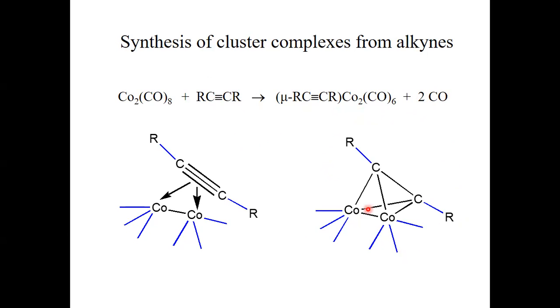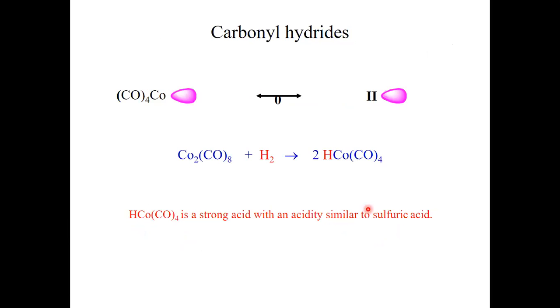Today I would like to talk about complexes that are related to carbonyl complexes, a number of ligands that have some similarities to the carbonyl ligands, but also some significant differences. And I would like to discuss similarities and differences.